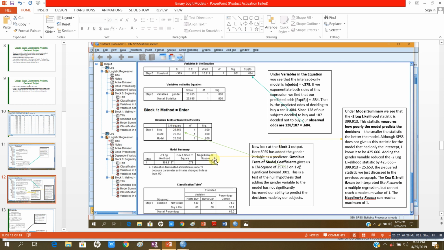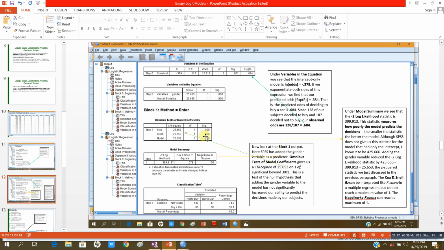This is a test of the null hypothesis that adding the gender variable to the model has not significantly increased our ability to predict the decision made by our subjects. Since this chi-square value is significant, it means that adding the gender variable to the model has increased our ability to predict the decision made by our subjects.